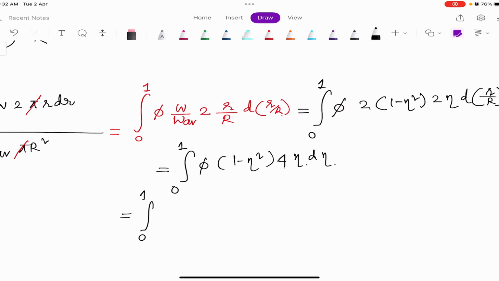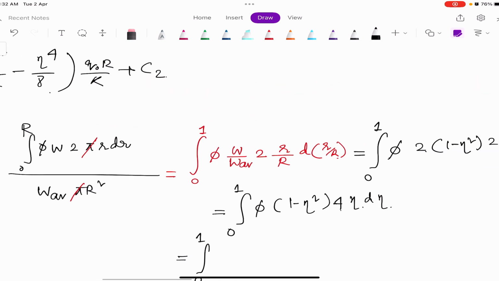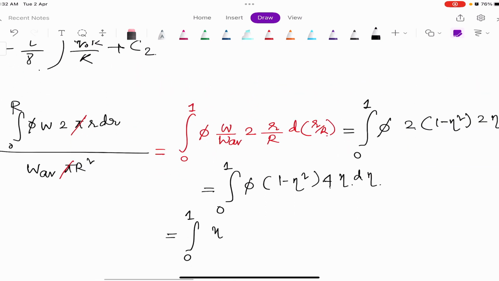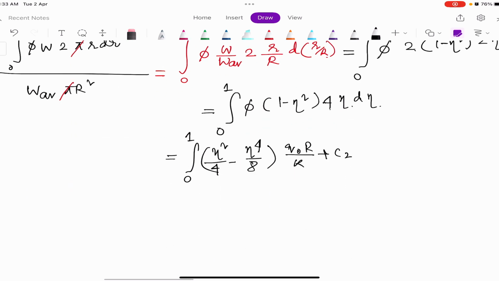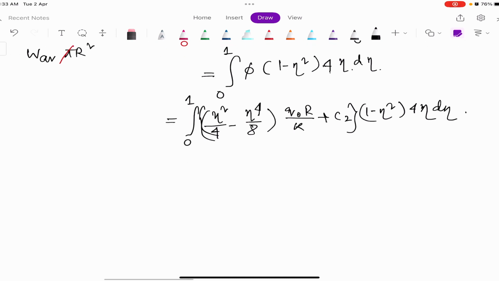So this will be (η²/4 − η⁴/8) into q₀R/k plus C2, into (1 − η²) into 4η dη.